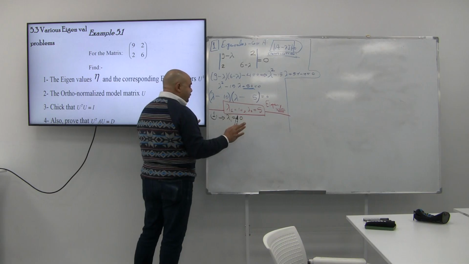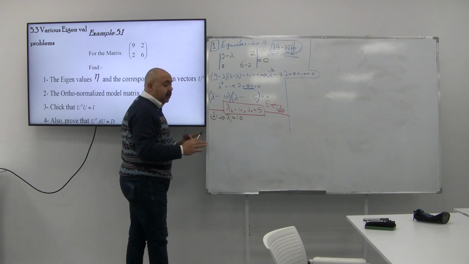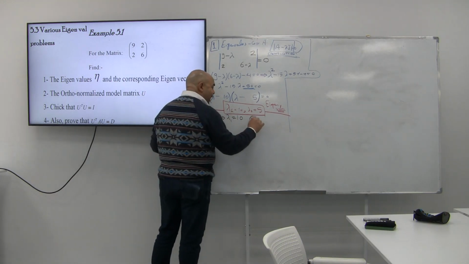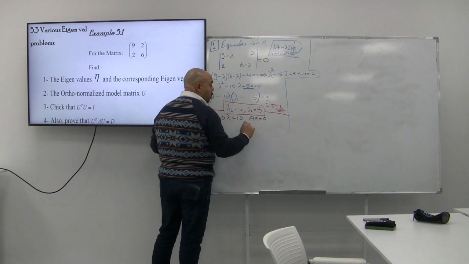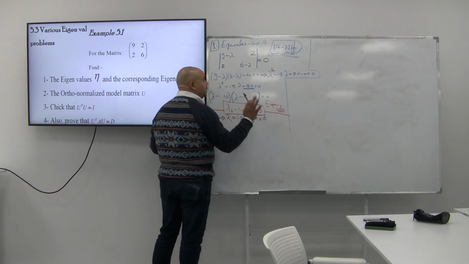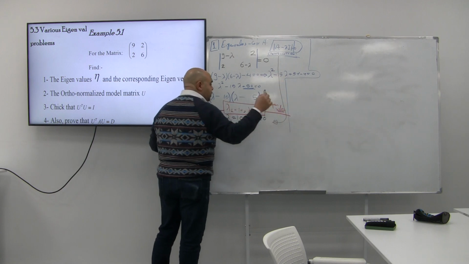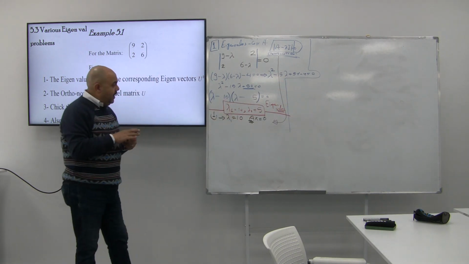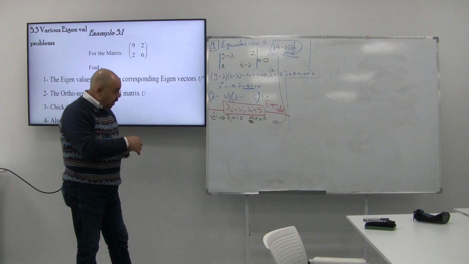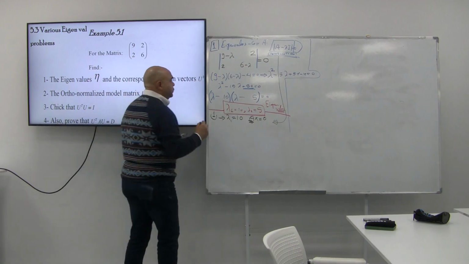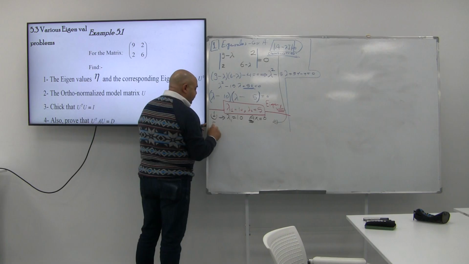Now, all I have to do is to try to solve the homogeneous system (A minus lambda I)x equals 0, where A is exactly this matrix, but replacing the value of lambda. So all I have to do is to just make this substitution. So I will have the following.